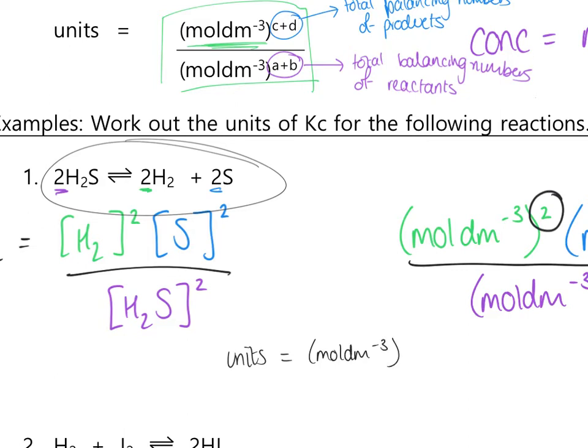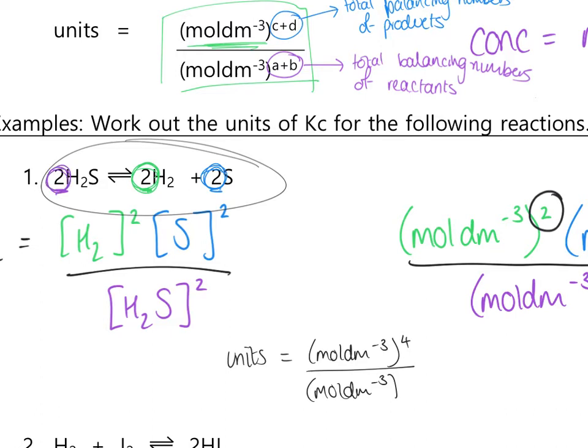That's the total of our balancing numbers of our products. So we've got 2 in front of our hydrogen and 2 in front of our sulfur. So the total balancing number is going to be 4, over moles per decimeter cubed to the power of the total of our balancing numbers of our reactants.